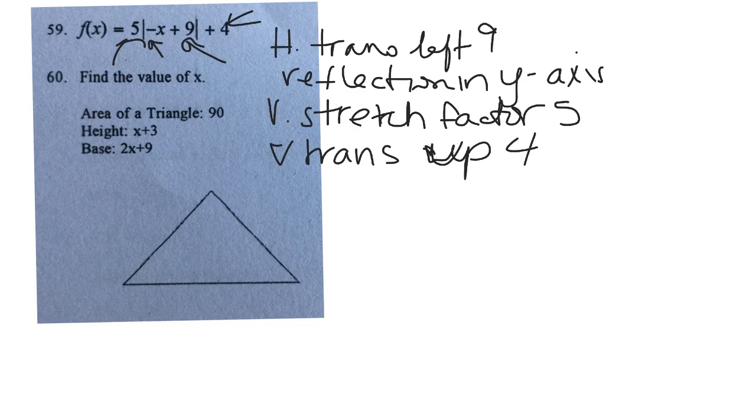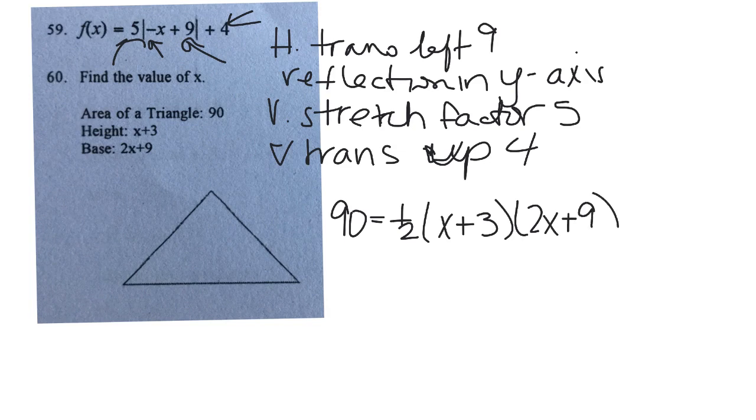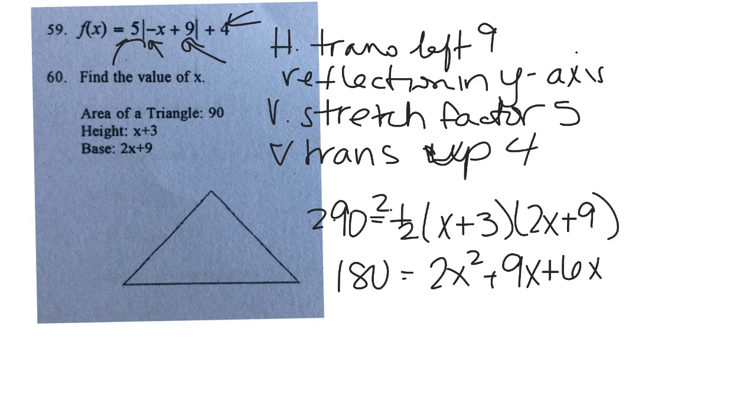Number 60, find the value of x. The area of the triangle is 90, so 90 equals 1/2 times x plus 3 times 2x plus 9. I'm going to times this by 2, so I get 180 equals 2x squared plus 9x plus 6x plus 27.